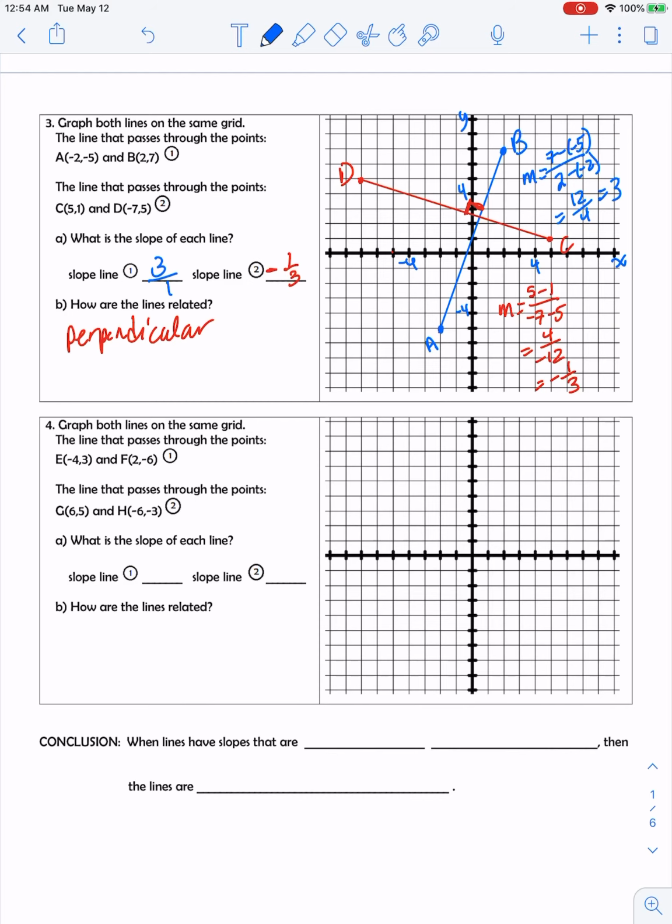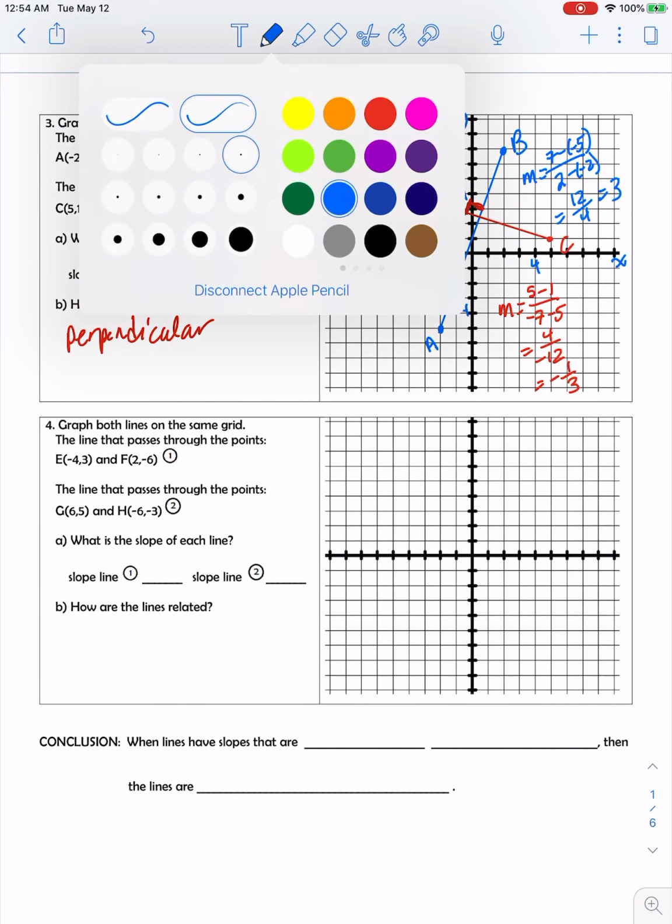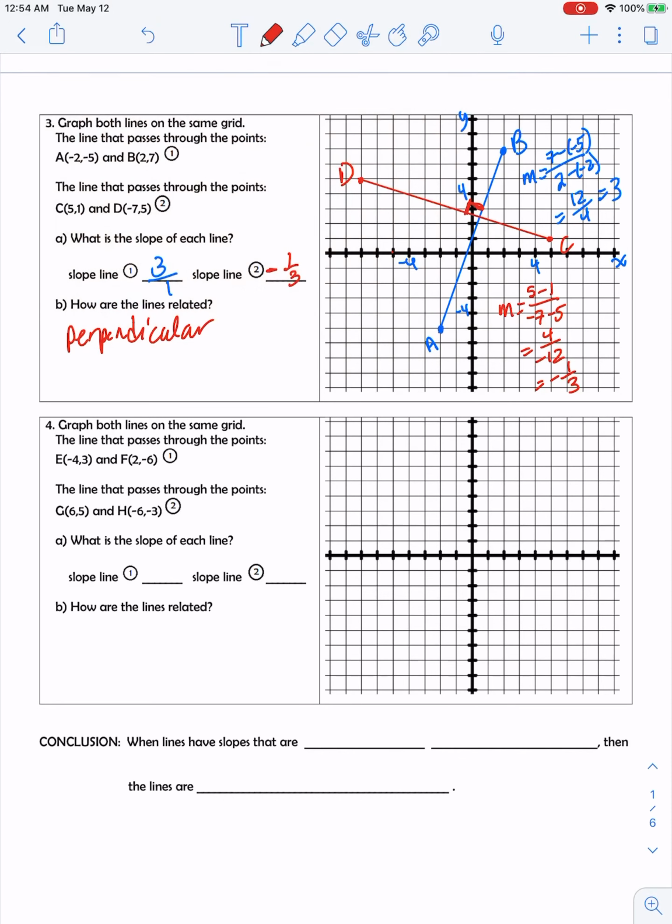One is positive and one is negative. So that answer is slopes are negative reciprocals.